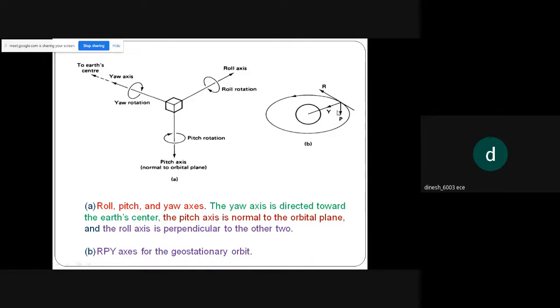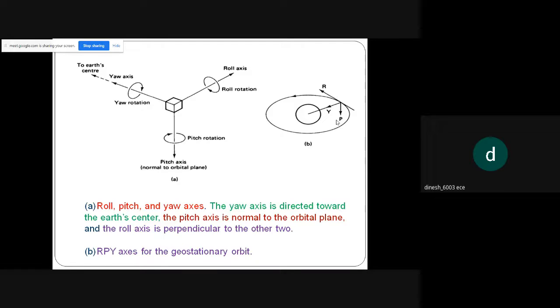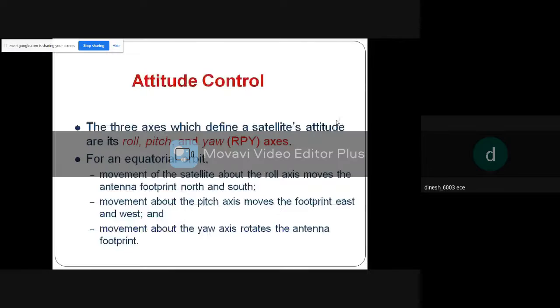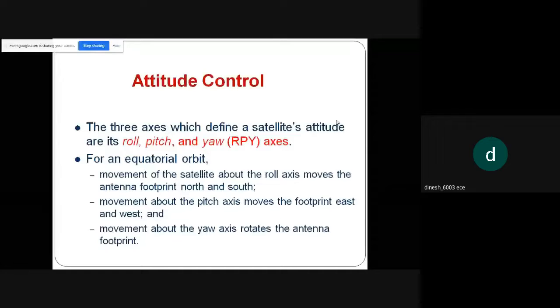Okay. So the RPY axes for geostationary orbits are shown in diagram B. The four sensors will give us information about the positions with reference to the Earth's center, which can be drawn in a 3-axis system, which is roll, pitch, yaw, the RPY axes.